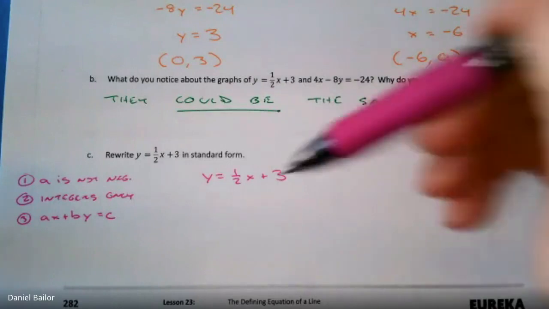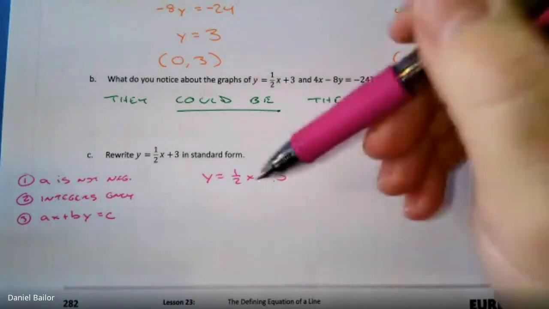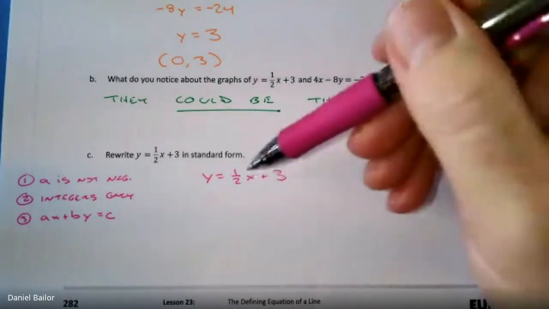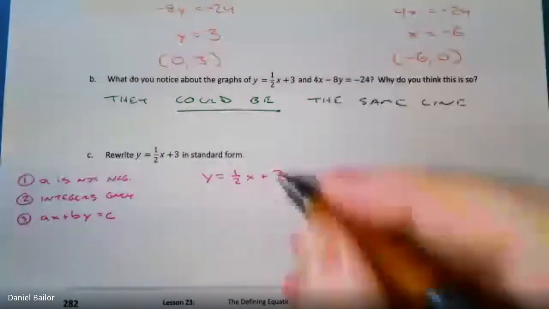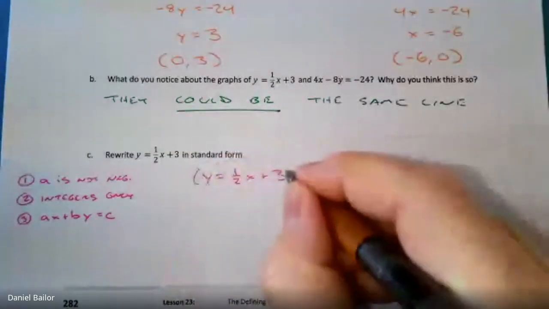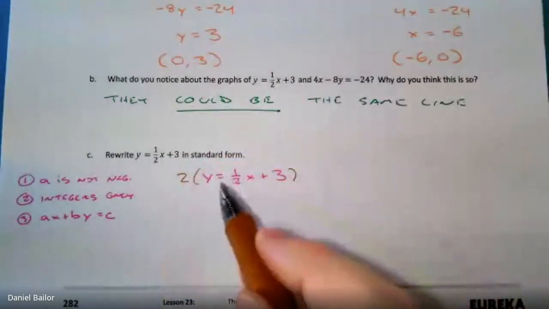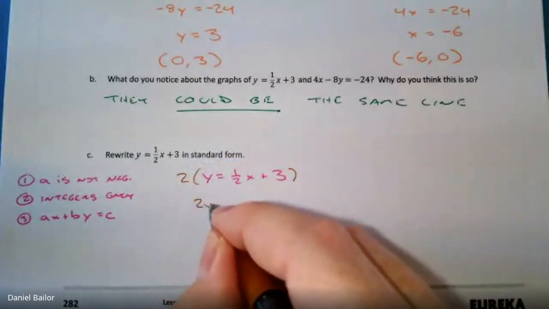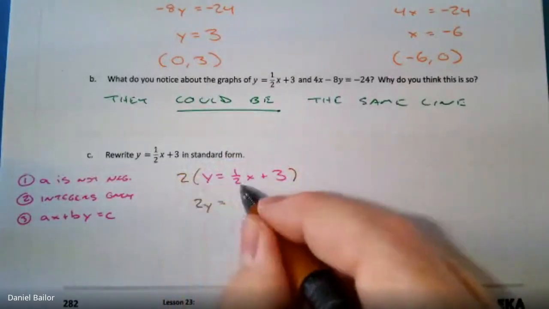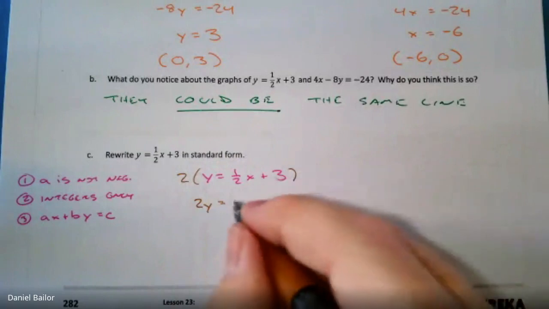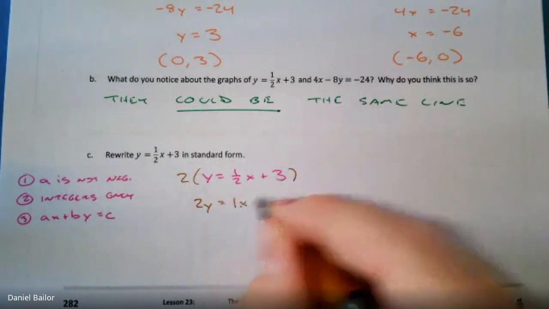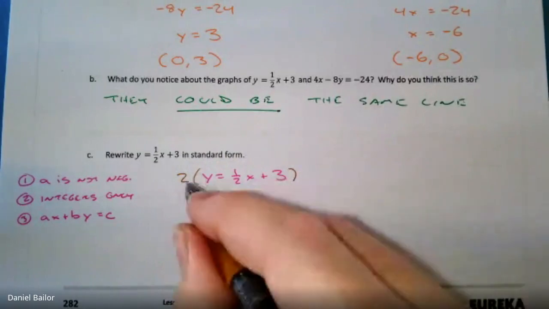Right now you can see, okay, we already have a fraction, so we already broke rule 2. So what we're going to do is we're going to multiply everything by 2. If we multiply everything by 2, we'll get 2 times y is 2y. 2 times 1/2 is just 1, so we get 1x. And 2 times 3 is 6. So integers only, check.